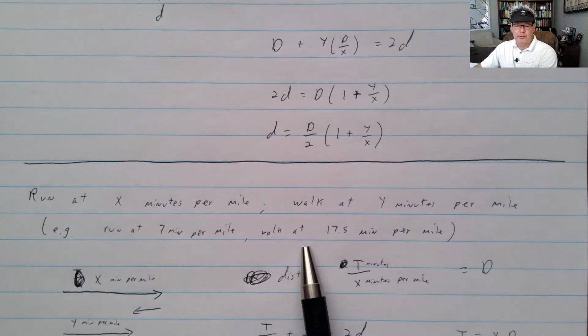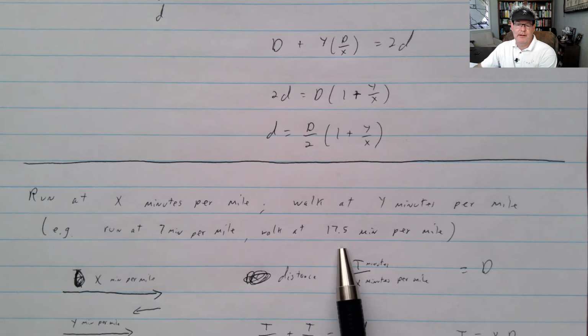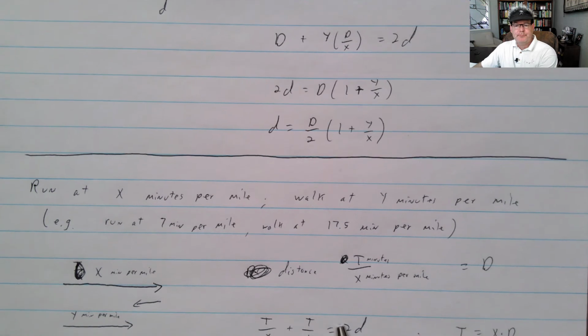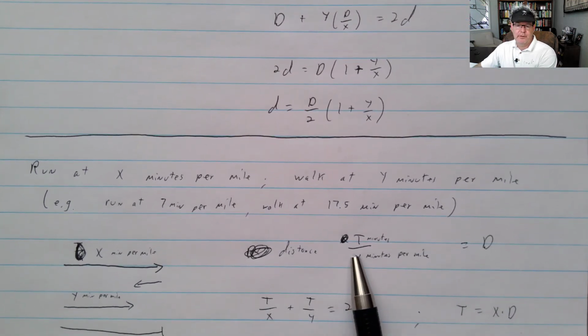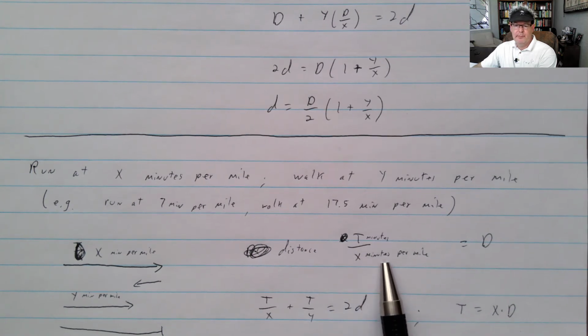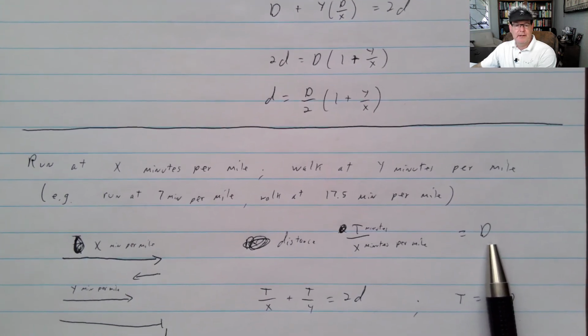But you're with someone who walks say at 17.5 minutes per mile. Then the distance you're going to go total is time over that minutes per mile rate. Right, that'll turn out to be the distance. And we want the total distance to be D again.